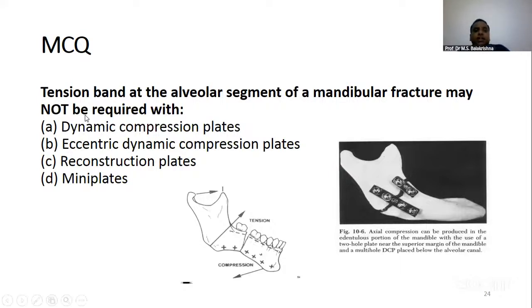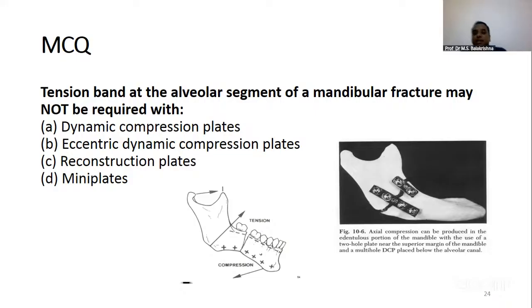Next question. Tension band at the alveolar segment. So at the alveolar segment, if you give a tension band, but it may not be required with... Yes, this is what I was talking about in the previous slide. See now, at the angle fractures, if you give a plate here, that will put the compression, but because of the tension, it will open up. So the best answer: tension band is not required for eccentric dynamic compression plates, EDCP, we write like that.